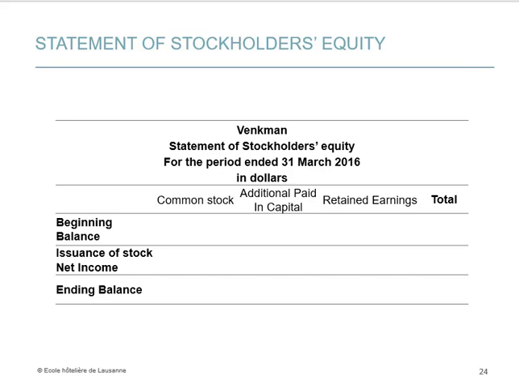Let's move to the statement of stockholders' equity and see how we will prepare it. Here I already prepared the base structure. All accounts are on the horizontal line: common stock, APIC, retained earnings, and all elements are on the vertical line: beginning balance, issuance of stock, net income, which gives us the ending balance.